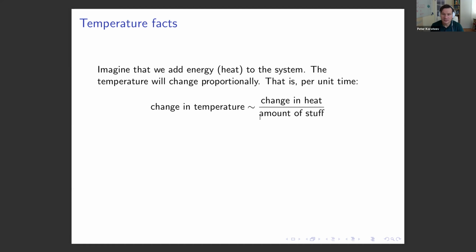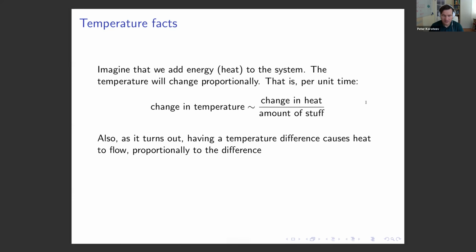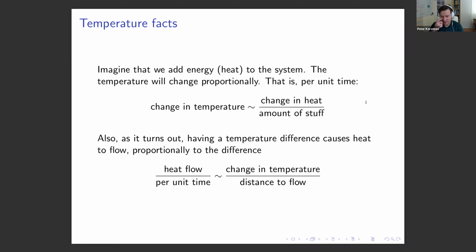And the less amount of stuff we have, so the smaller the density or the mass of the material, the faster temperature changes. It also turns out that having a temperature difference causes heat to flow proportionally to the difference. So per unit time, heat flow is proportional to change in temperature over the distance to which it flows.